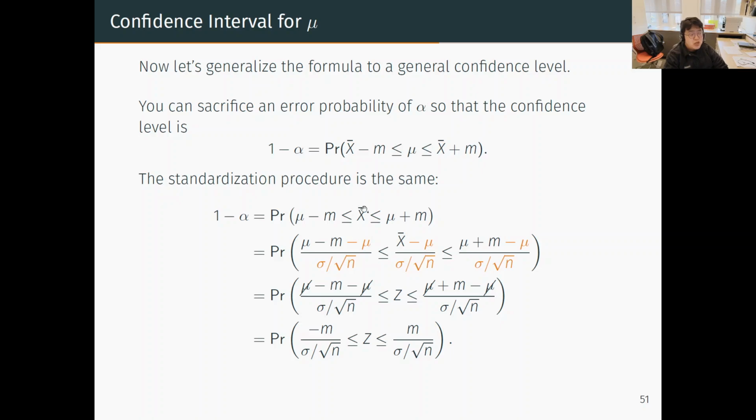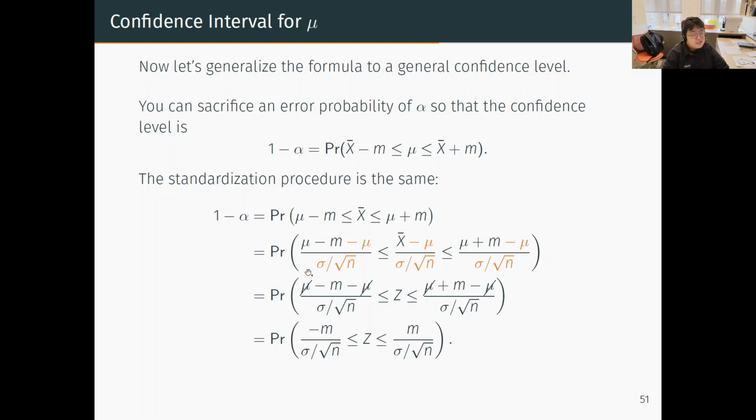And then we know the sample average x bar is approximately normally distributed by the central limit theorem. So we are going to standardize x bar in this way, subtracting mu and dividing by the standard deviation, right? And mu cancels out, and in the end we have this, right?